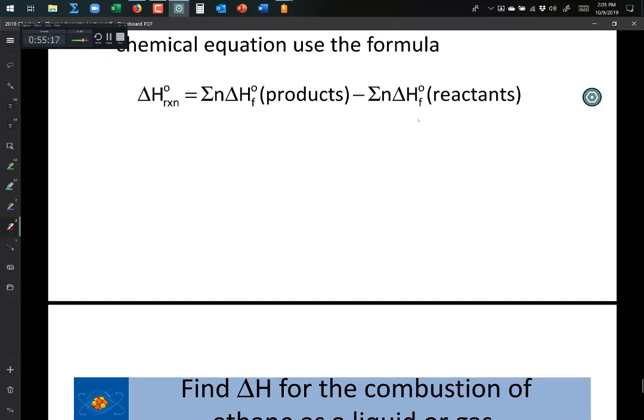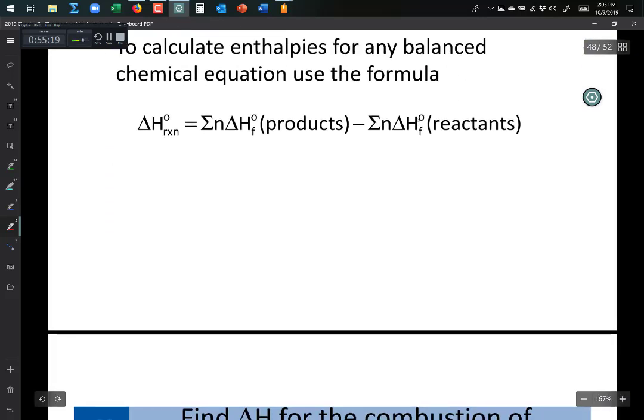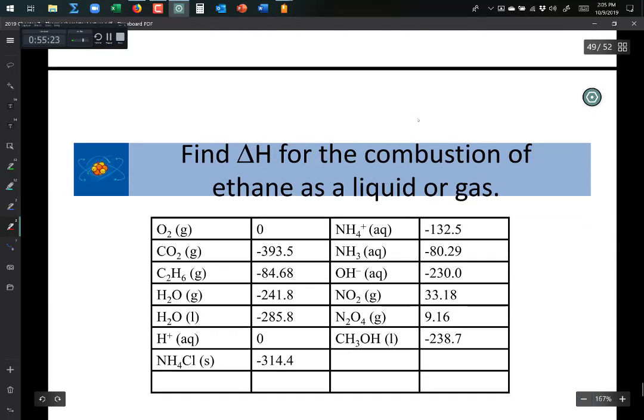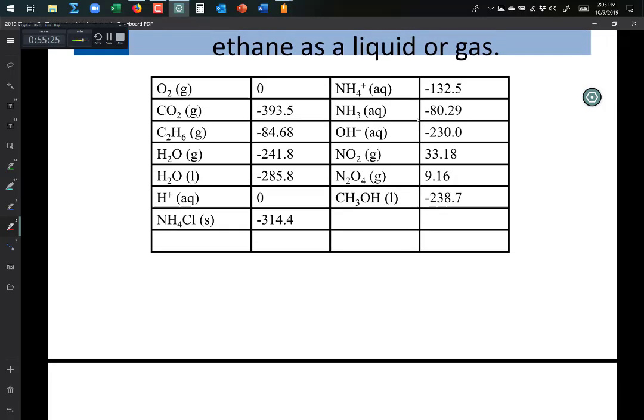So this is the whole idea of products minus reactants, but that's an annoying equation. So here's what we're going to do. We're going to calculate the heat of combustion. These are standard enthalpies of formation for some different substances. I'm going to do the combustion of methanol.